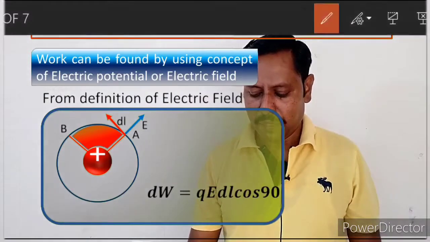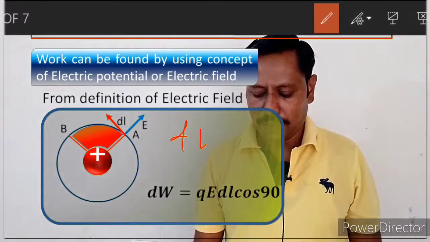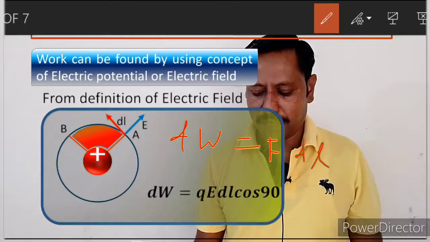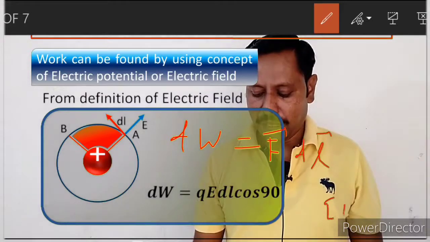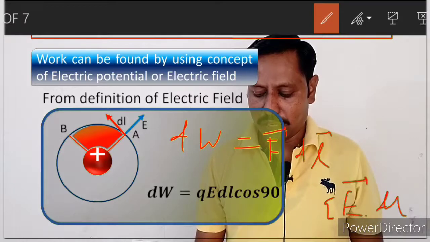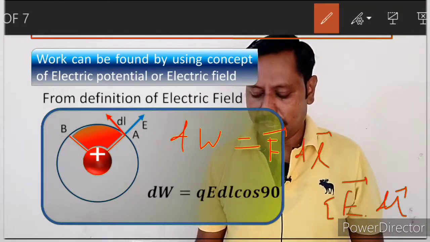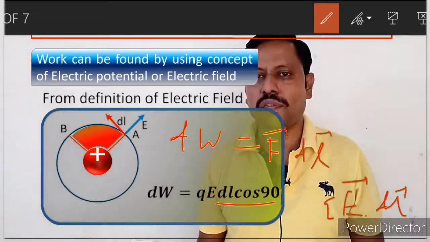How is it coming? The formula for dW will be equal to F dot dl, but F can be given by qE. That's why it is qE dot dl, and E dot dl is nothing but E dl cos 90.